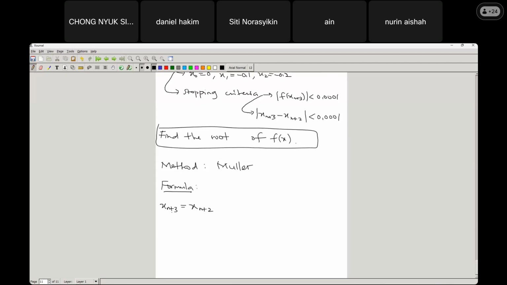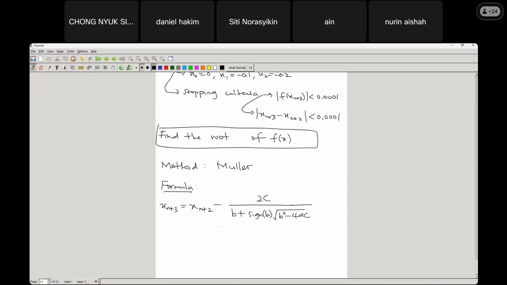This is P3. This is P2. Okay? So minus B plus, what is the sign of your B? If your B is positive, here you take positive. If your B is negative, you take minus. Okay? Times the square root of B squared minus 4AC. So this is 2C.